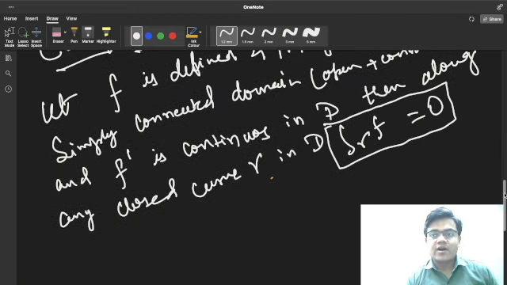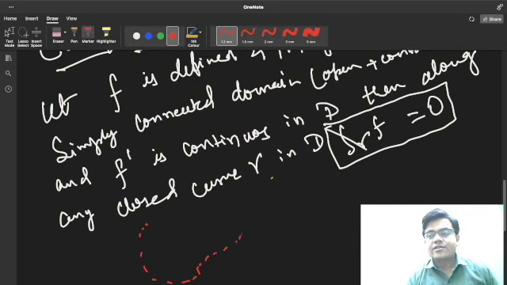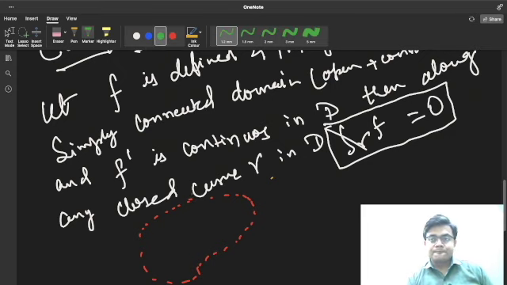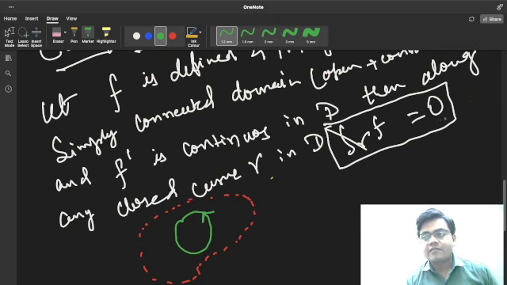What they actually want to say is that if you take an open and connected, simply connected domain, let's say this kind of domain, and if your f is analytic in this domain, then along any closed curve inside it, if you try to find the contour integral, the integral will be nothing but 0. This is Cauchy's theorem.